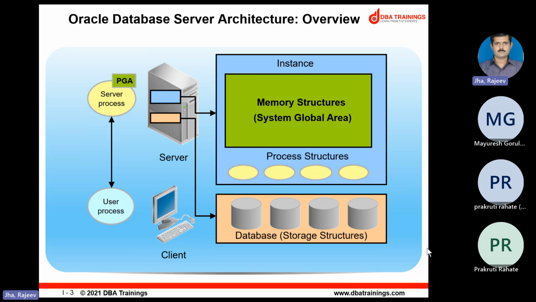Now, when we talk about a database, that means this instance plus the physical files, like the data file, control file, log file, parameter file. All of those combined will be called an Oracle server or Oracle database. So this is my database server.